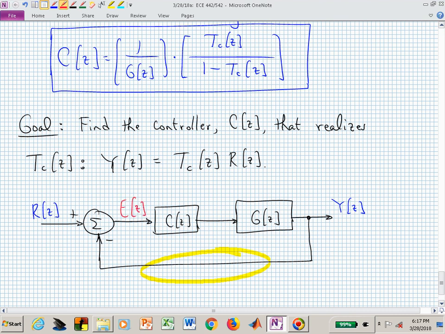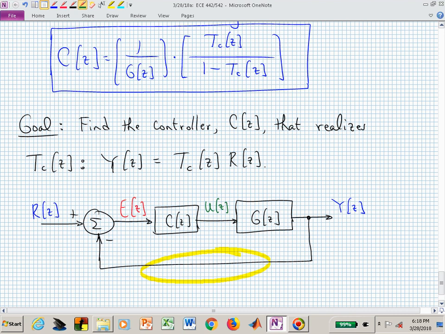That error signal then drives the controller's output, which is the input to the plant. Now it achieves, after some dynamics, whatever is in the plant, an output response. And then whatever is coming at the output, we feed that back and compare it with our reference input.